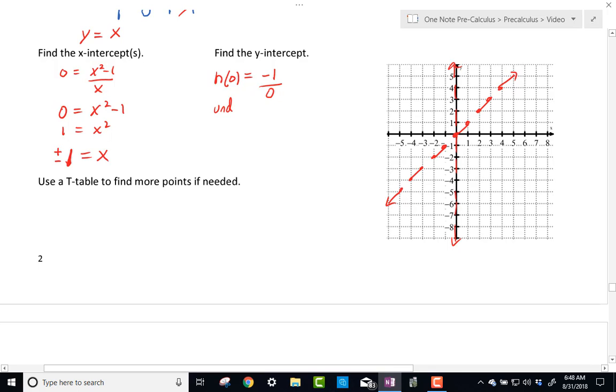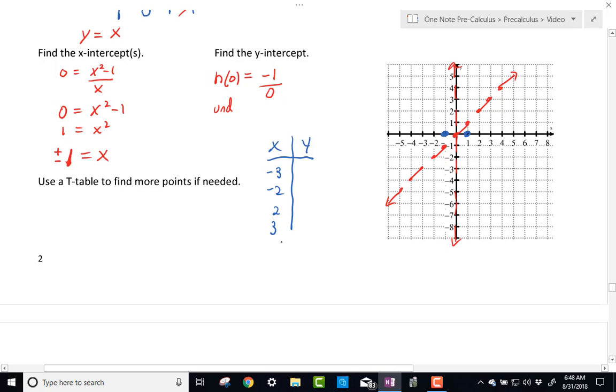We have one over here at negative 1, and we have one over here at positive 1. And now I'm going to start a t-table again, and I'm going to choose some values for that. In this case, I might try going to the left side, maybe a negative 2 and a negative 3, and going to the right side, a positive 2 and a positive 3.